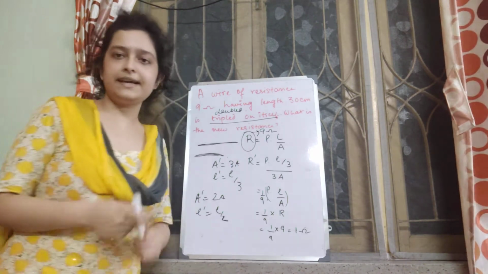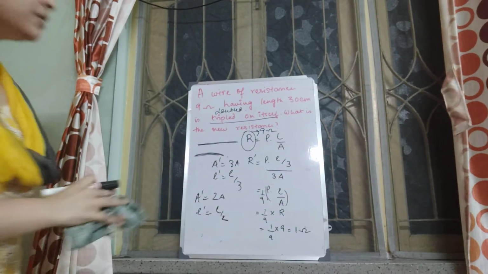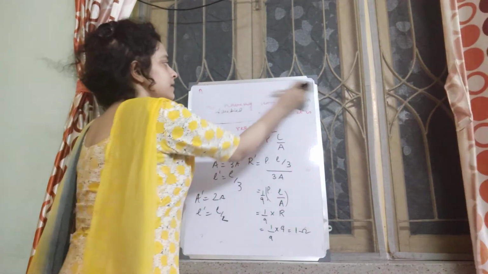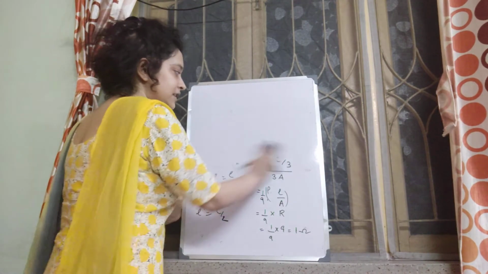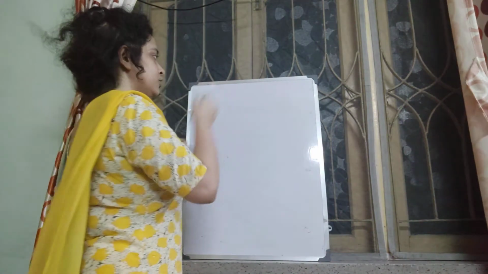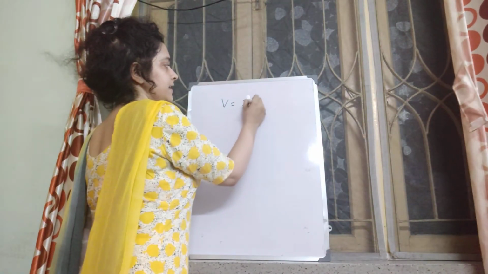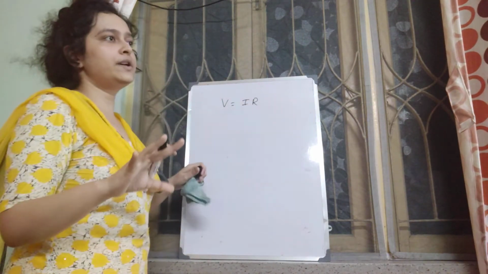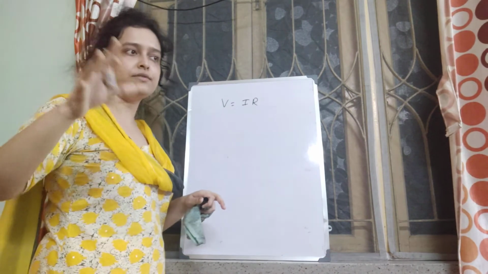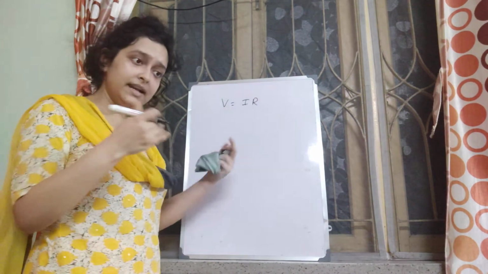Fine. So this is the case. Just remember a few things. I find that many of you make this mistake: you are using the formula V equals IR, that is okay. Given information is okay, but sometimes I is given in milliampere and you forget to convert to ampere. You will get the wrong answer.